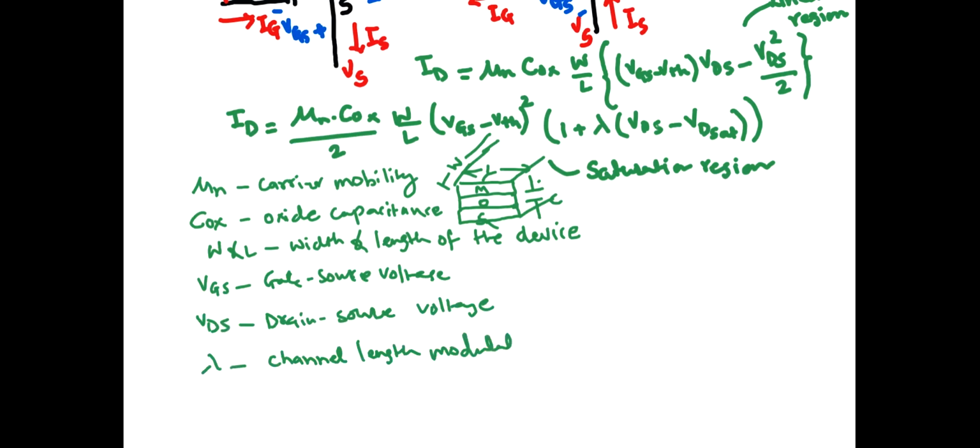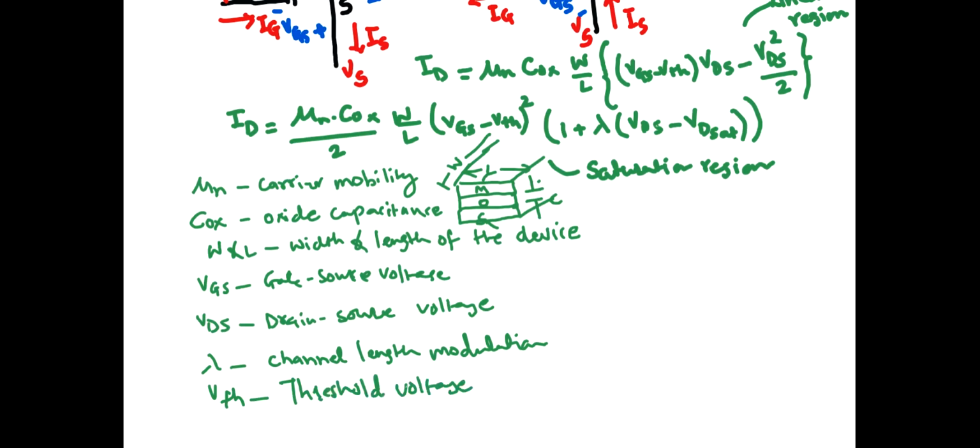That's the parameter that modulates your channel length. And your VTH is called the threshold voltage of the transistor, of the MOSFET.